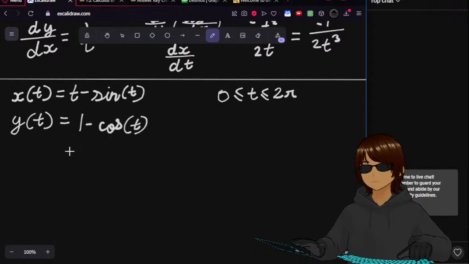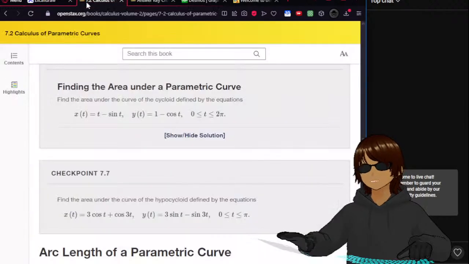So I got this, derivative of sine is cos. And then the integral. We need the indefinite integral, right?